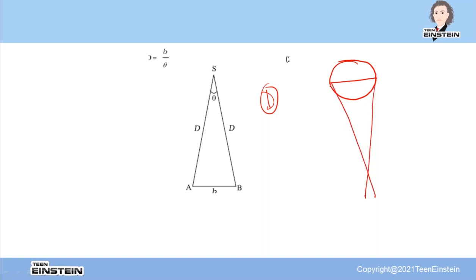If I look at the two end points of the diameter of the moon, then there will be an angle between them. Suppose this angle is written as alpha in your book, and this distance is d, the perpendicular distance I have got already. And I have to find out this AB, where this is A and this is B.